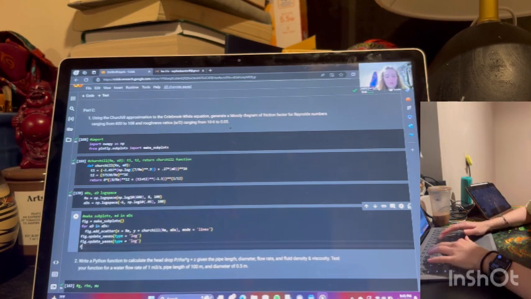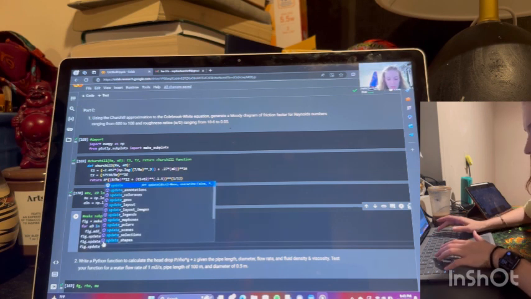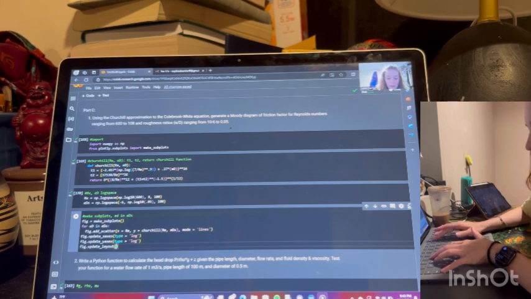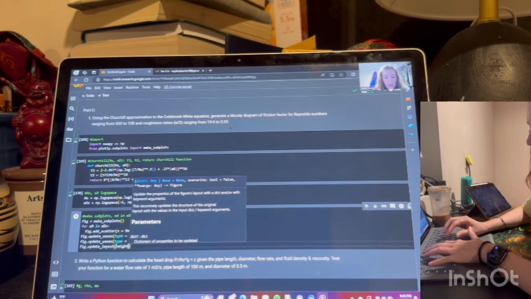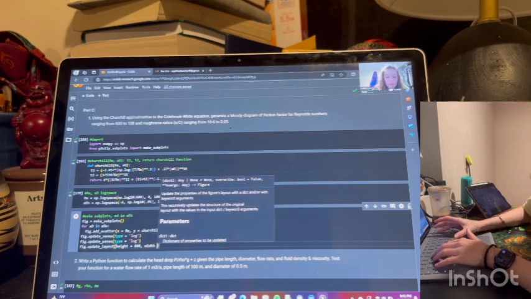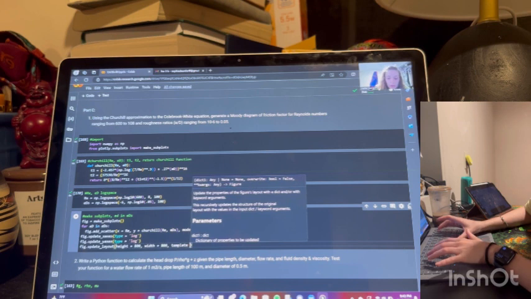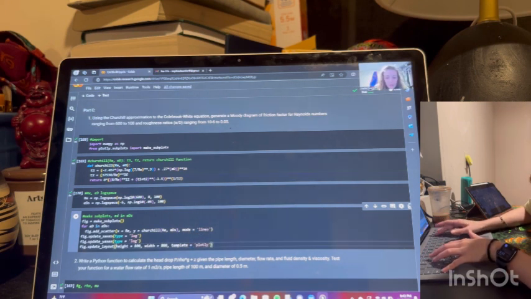And then we're also going to update the layout. We're going to say that our height is equal to 800, our width is equal to 800. And then we'll say our template is equal to plotly_dark.